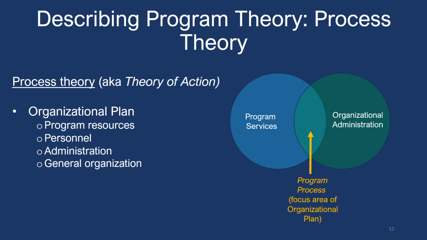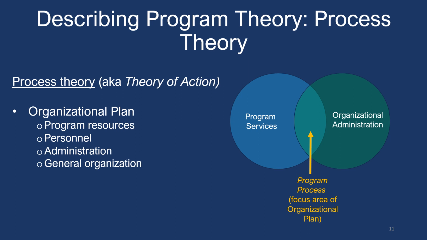If the program has the specified resources, facilities, staffing, etc., and if the program is administered in a specified way, and if it entails such and such activities or functions or interactions with the target population, then a viable organization will result that can operate the intended service delivery system.